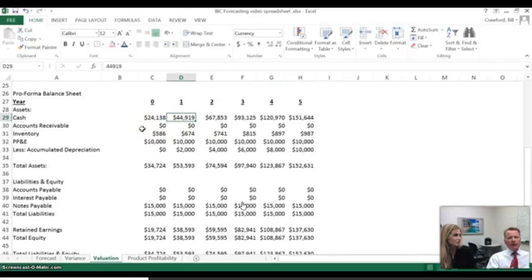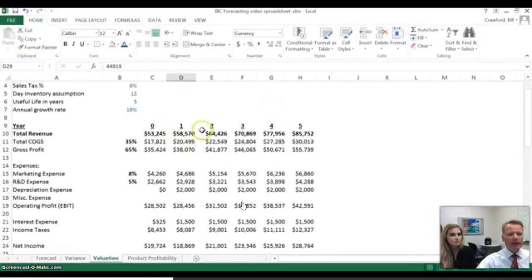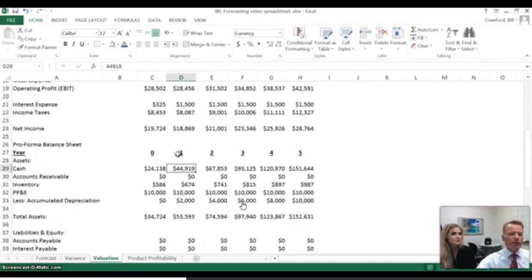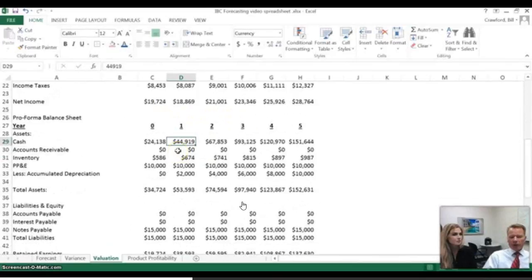Right. So, let's put it this way. This is a little IBC type of business, right? We do $58,000 in total revenue. Do we need $44,000 to run this business in cash? So, is it not current assets minus current liabilities then? It is.